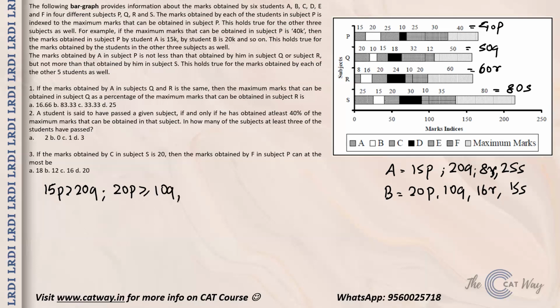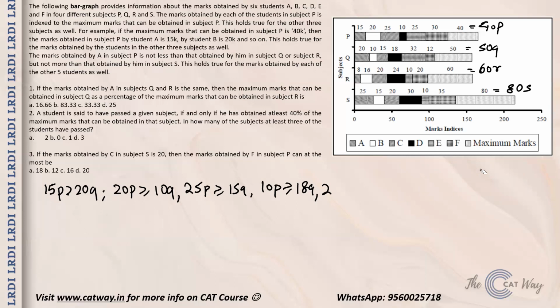For C, you have 25P is greater than or equal to 15Q. For D, you have 10P greater than or equal to 18Q. For E, you have 25P greater than or equal to 32Q. And for F, you have 30P greater than or equal to 12Q.